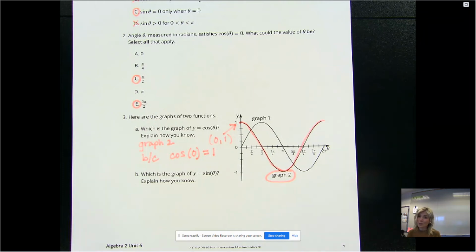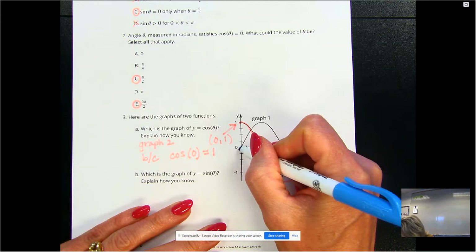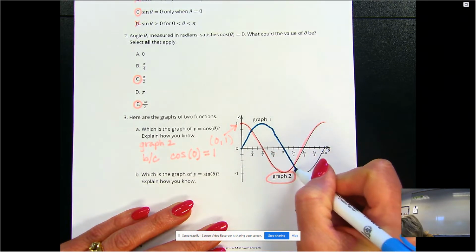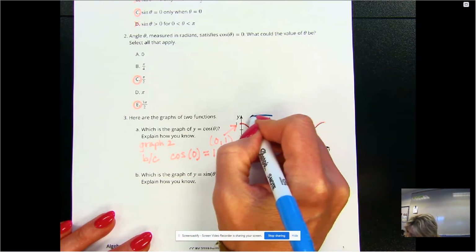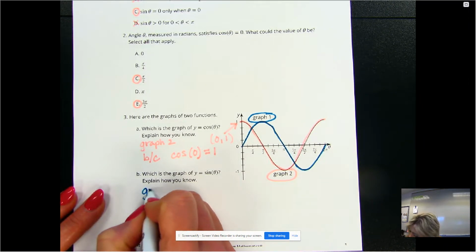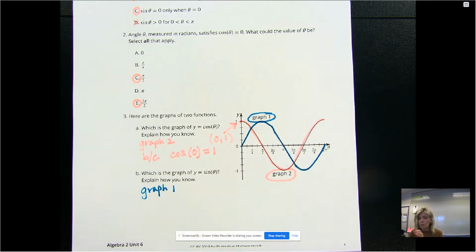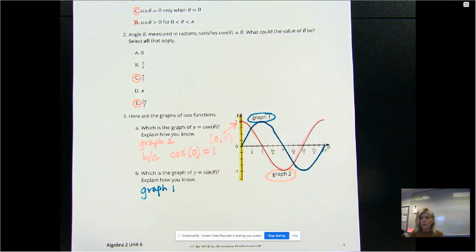And then obviously the other one is going to be y equals the sine of theta. So this graph here starts at 0, increases to 1, then decreases to -1, and returns back to 0. This is graph 1. It's y equals the sine of theta. When I'm trying to determine that, I always look at the y-axis to see where the function is starting.